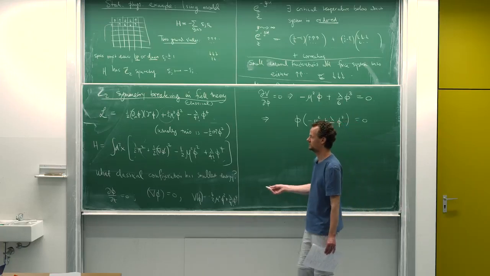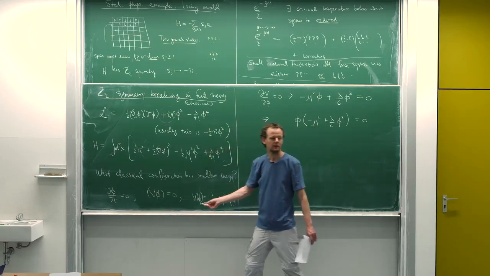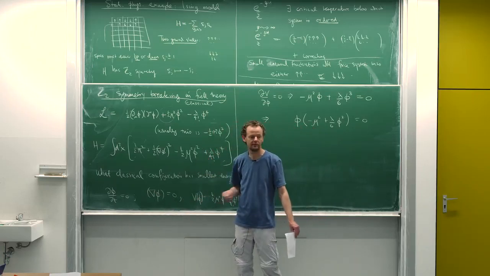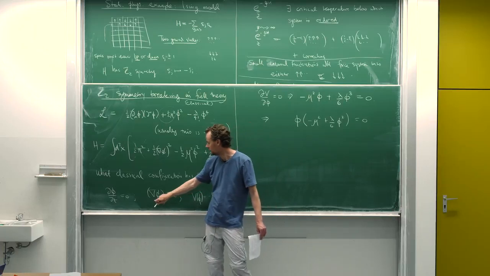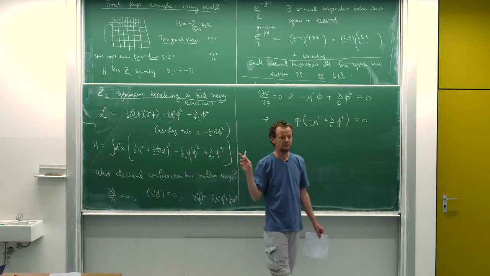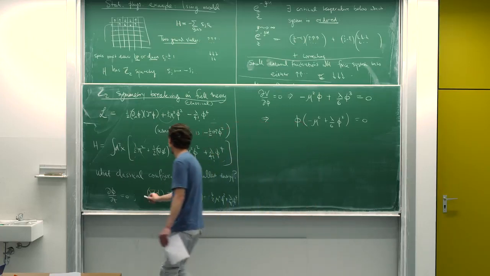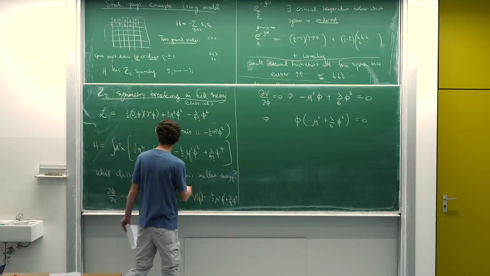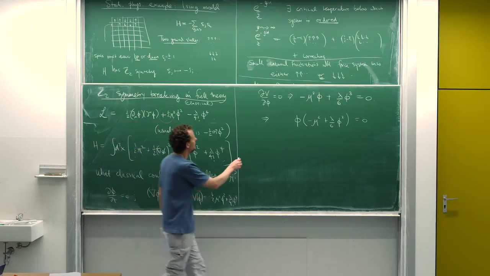Or another way of saying it is, take this function phi here, find where the gradient is, you find the points where the potential is minimum. So whatever configuration this will be, phi, and where will I draw it?